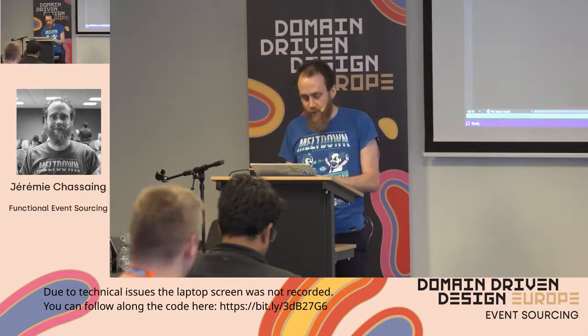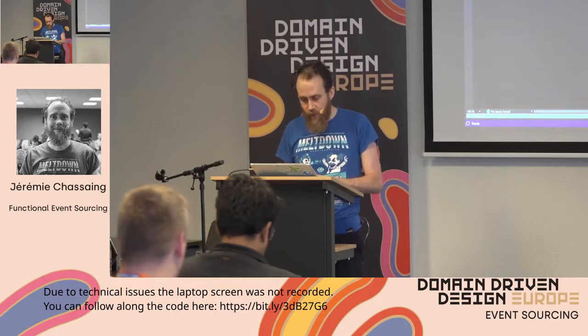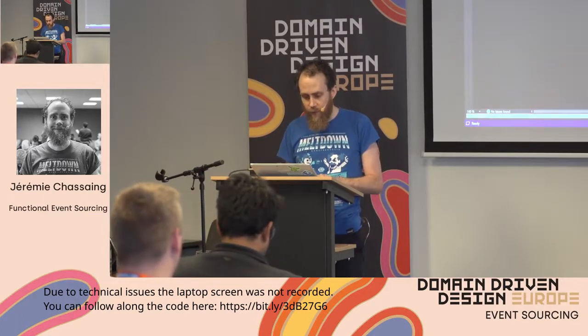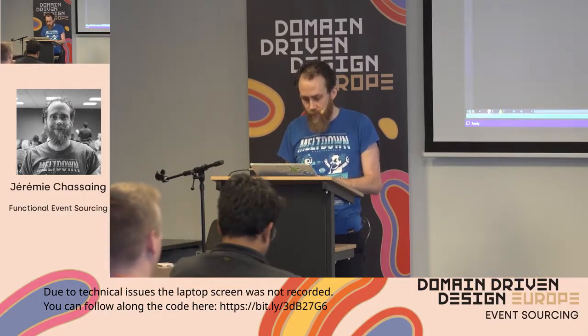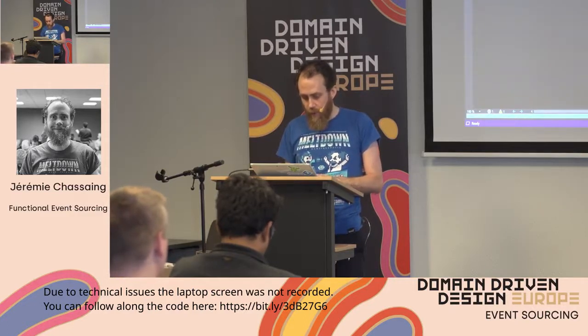So let's start. I will define a command type. For now, I don't know what it does, so I will just say do something. I will also create an event type for my output that says something happened.